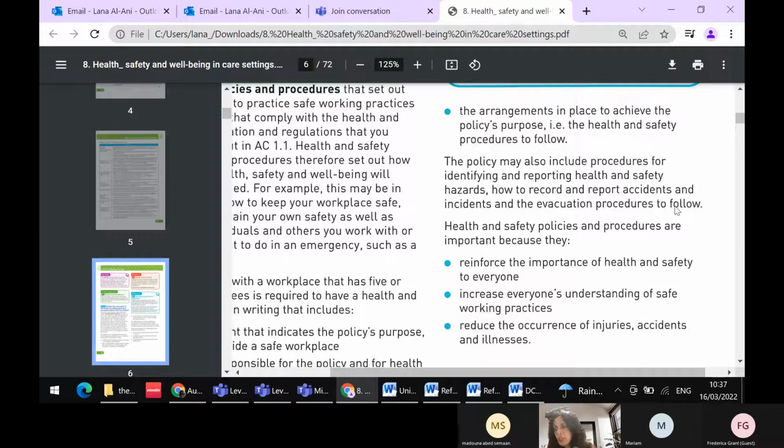Then the procedure is all about how to do the manual handling, how to follow these policies. So step by step about how to do it. You put this, you do that. This is the procedure, things to follow step by step to get where you should be.